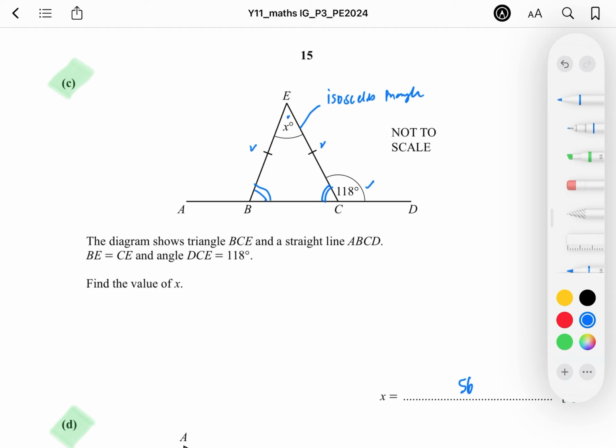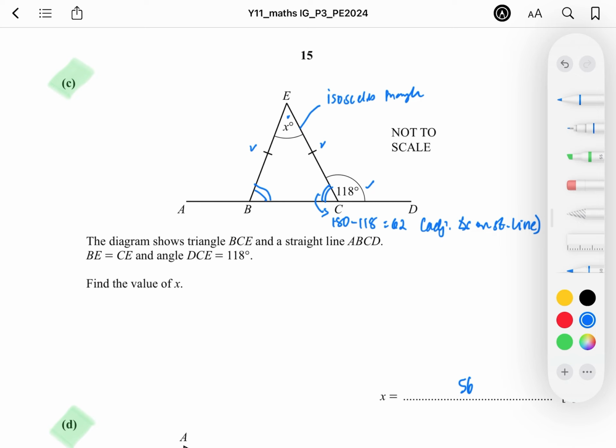So what we can do, we can find the angle here, 180 minus 118, because these are adjacent angles on a straight line. Sum of adjacent angles on a straight line is equal to 180.